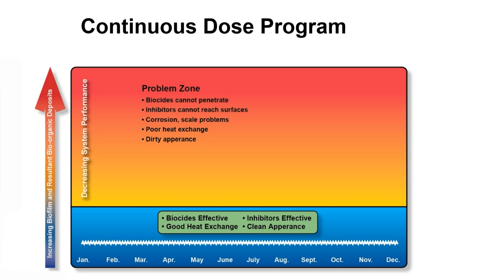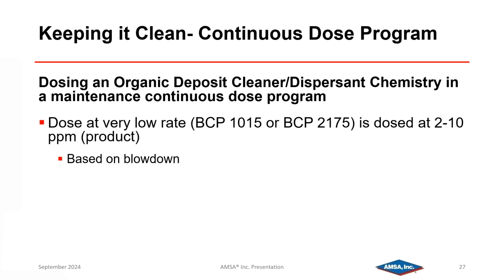This type of system is recommended when you need a high level of cleanliness, such as in data centers or hospitals or assisted living facilities. And in this type of program, you're dosing AMSA chemistry, BCP 1015 or BCP 2175, at a low rate.